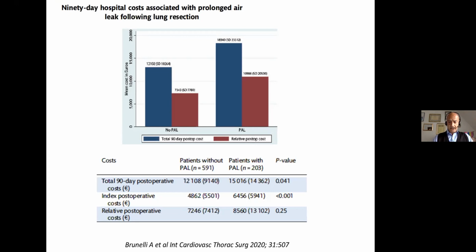So actually the postoperative cost between the discharge and 90 days after operation accounts for 60% of the total 90-day postoperative cost. So it's not just an increase of the hospitalization cost, but also over an extended period.